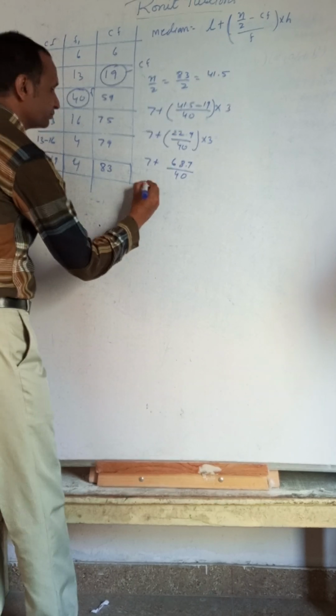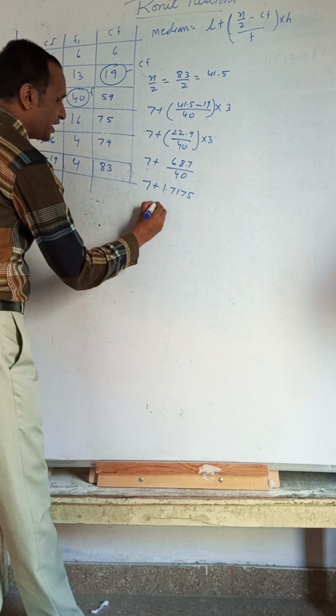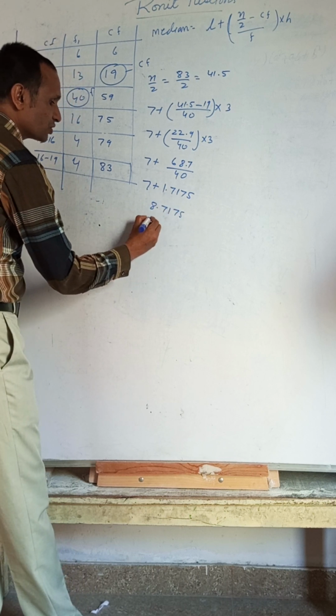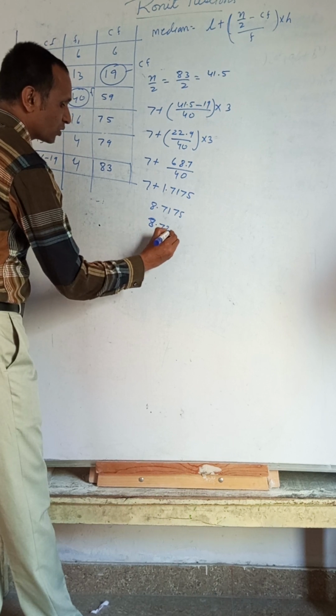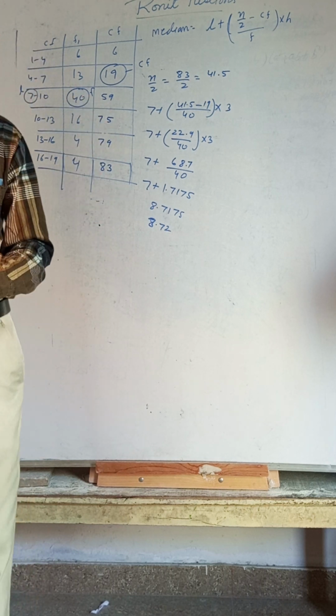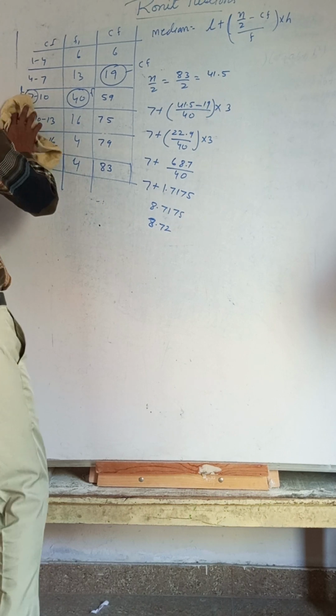So 7 plus 1.69 gives us about 8.69. It can be written approximately like that. That is the answer for the median of the given data. The median of the given data is approximately 8.7.